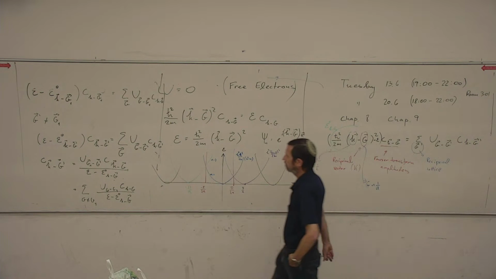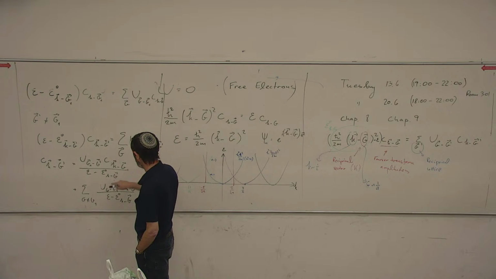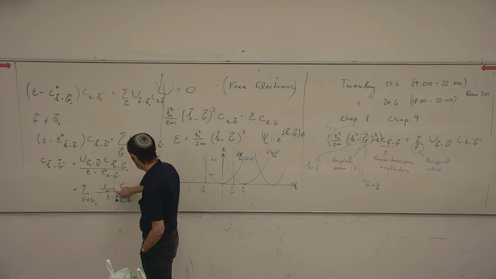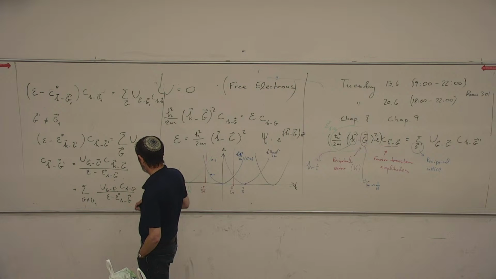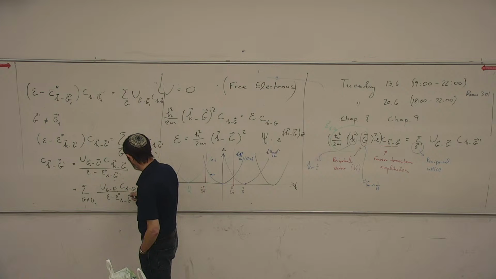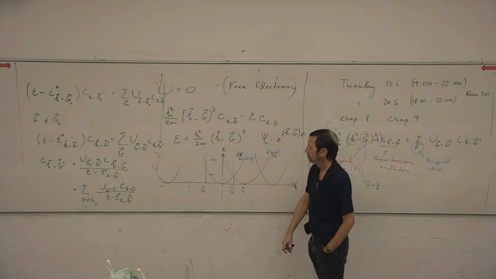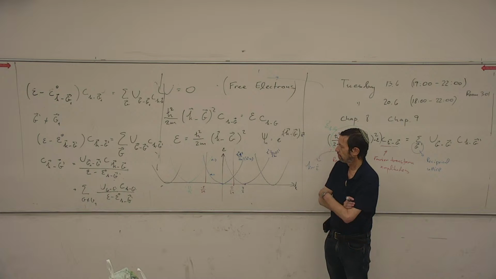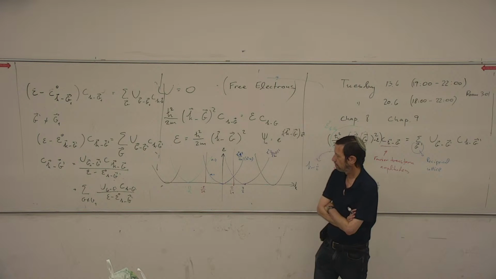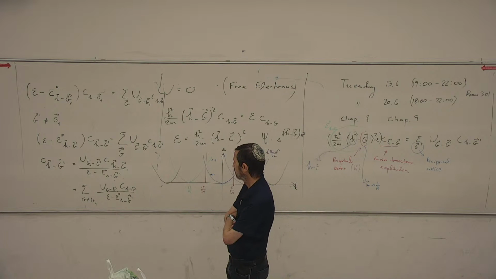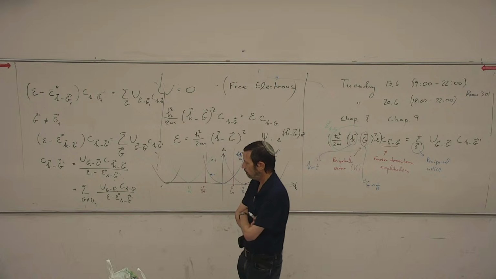So I just separate it into the first term and all the other terms. G minus G prime should be here, and here should be a G prime. Okay, what do I see here?